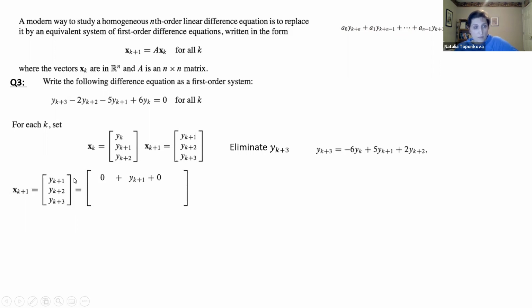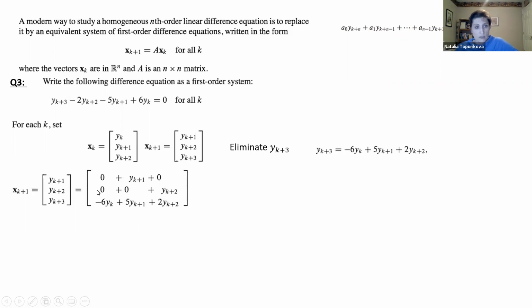Our first component only has y k plus 1, so we'll keep y k plus 1, and the other two terms should be equal to 0. The y k plus 2, again the same, the two other components will be 0. Finally, our k plus 3 has three components: minus 6yk, plus 5y k plus 1, and 2y k plus 2.